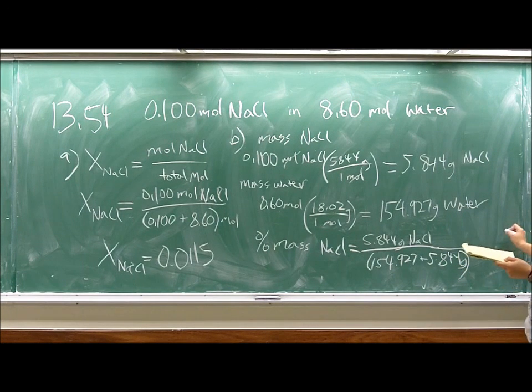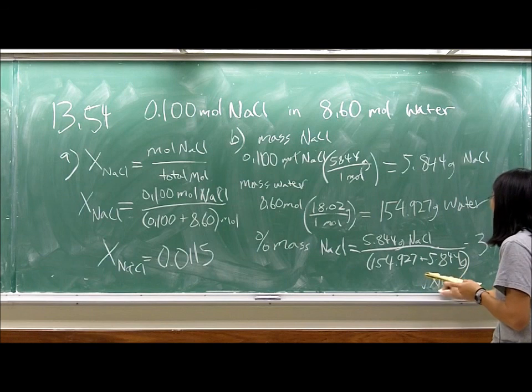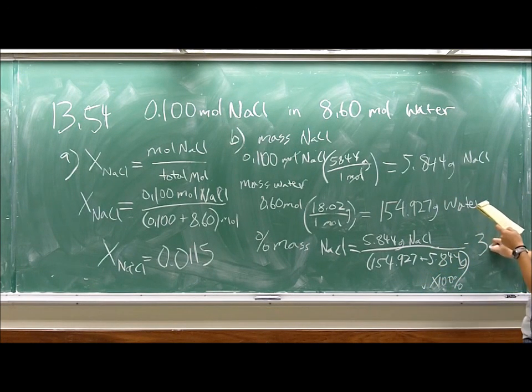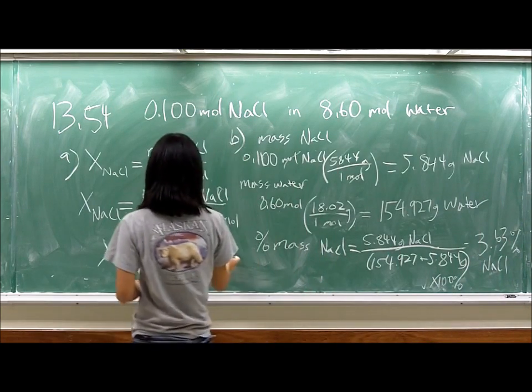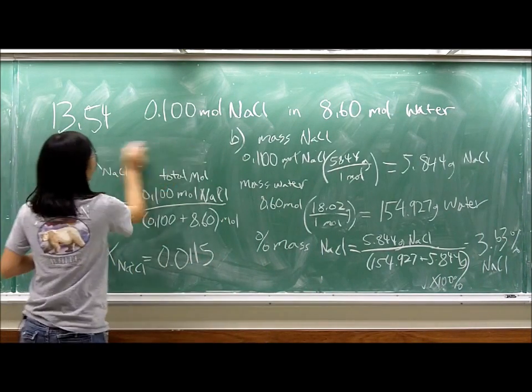Since it's the percent, you also multiply by 100%, and you get 3.63% NaCl by mass. Now, for the third part of this problem, I'm going to erase this because it doesn't really have to do with anything.